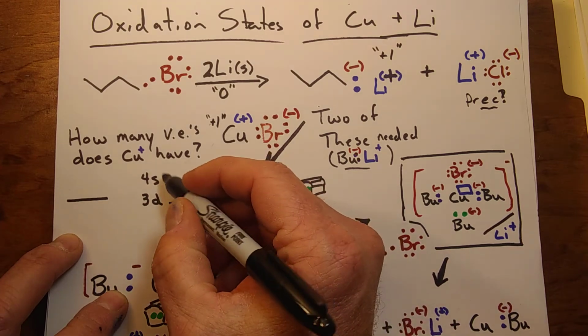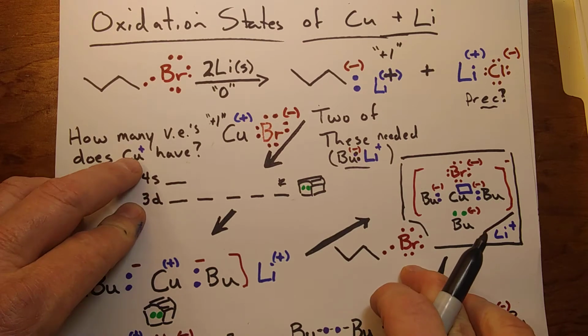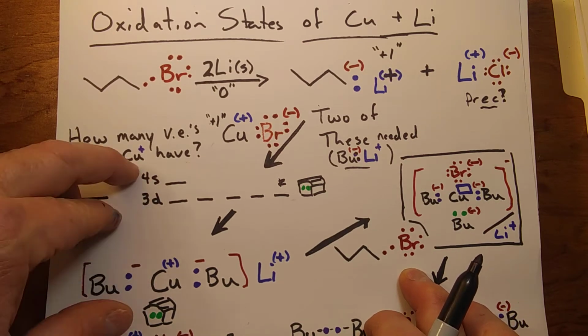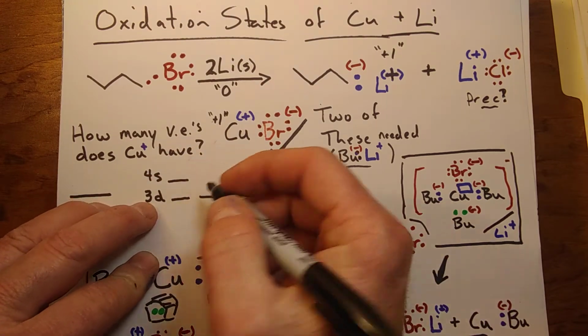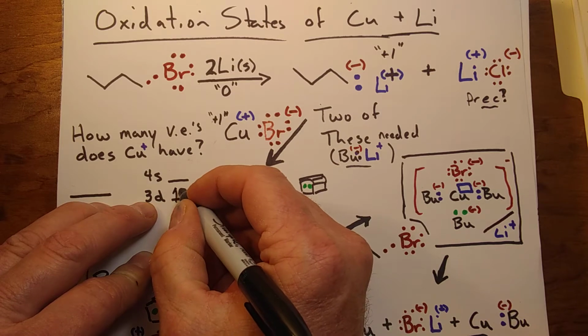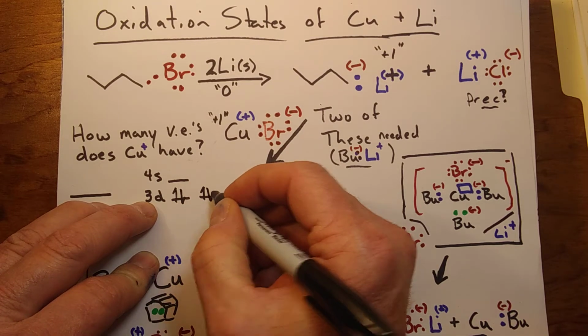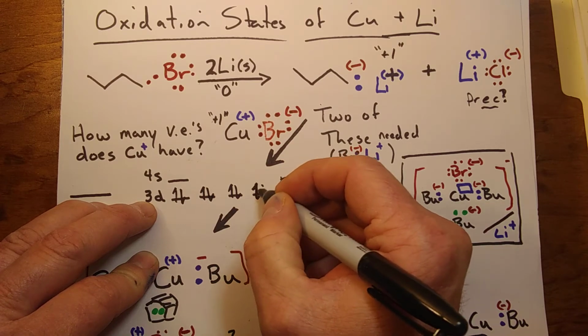Now, if you remember the electron configuration, I flipped it here because it's usually 4s and then 3d. But remember, with copper, you're all the way near the very end of the d block, so you've kind of filled up most of the d.